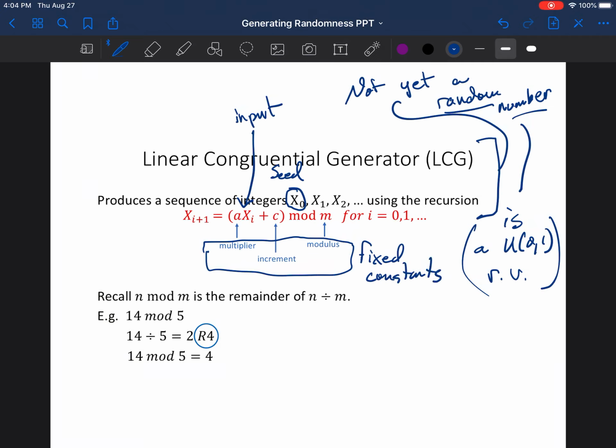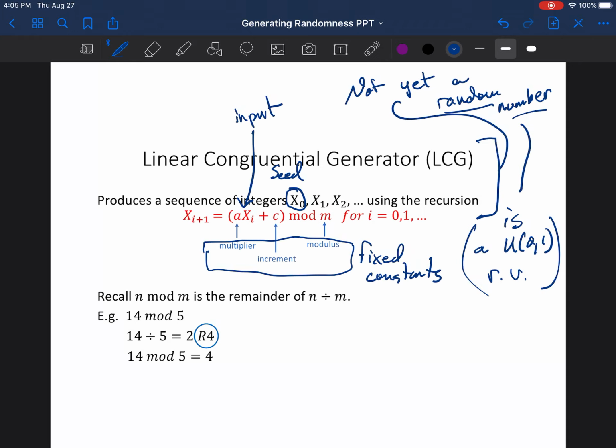And then the next iterate is generated from the previous one by the following formula. You multiply the current iterate x sub i by a, you add c, the increment, and then you take the modulus, which remember is the remainder function.